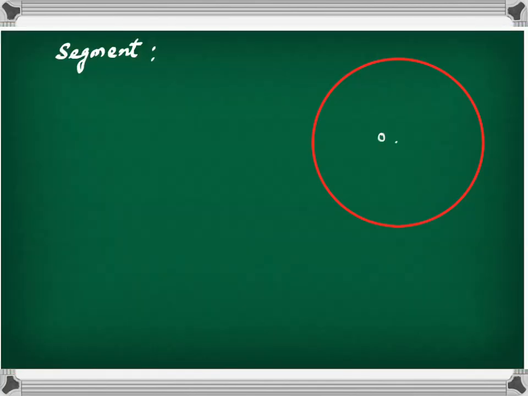So now we'll understand the segment. What is the segment? The part of the circle bounded by an arc and a chord is called the segment. I will draw one arc here and a chord. This is the chord AB, and this is the arc.